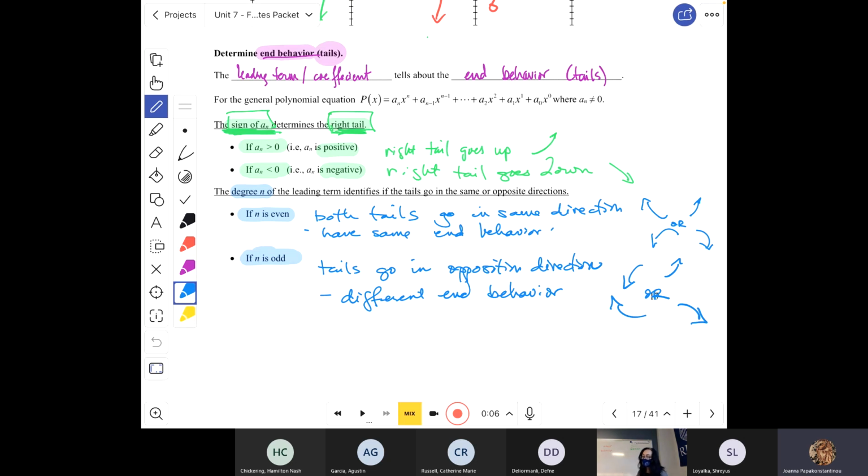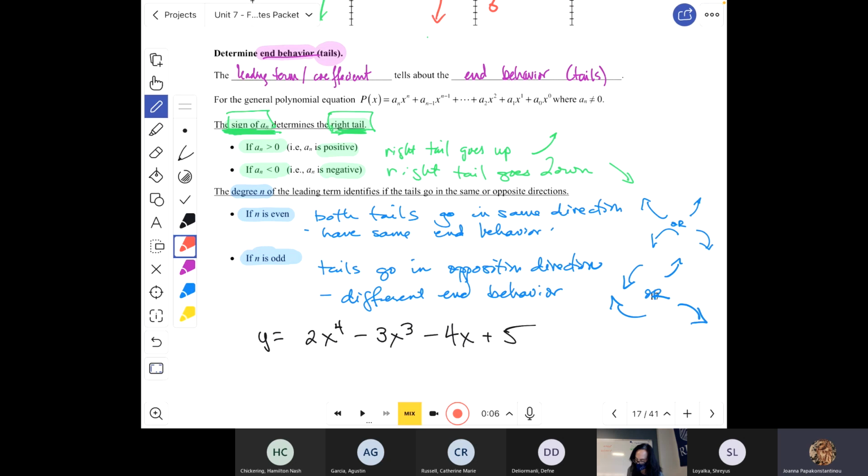So if I give you examples, you should be able to tell me immediately what the graph is going to look like. For example, if I give you y equals 2x to the fourth minus 3x cubed, it doesn't matter what the rest of this is, what does the right tail do?